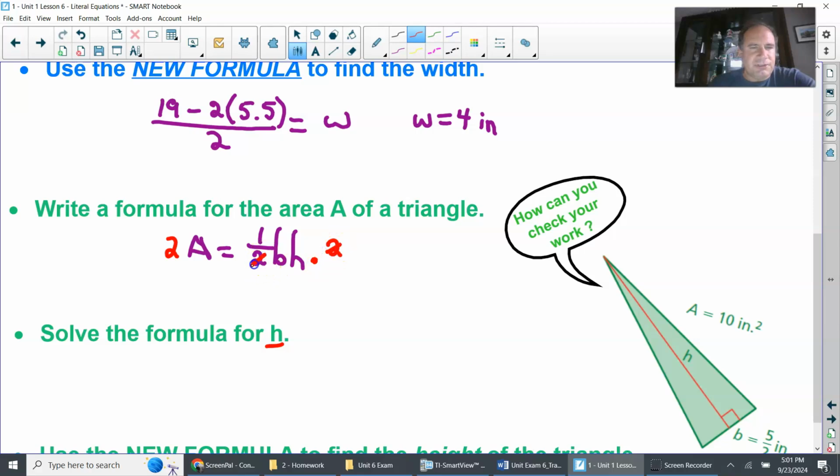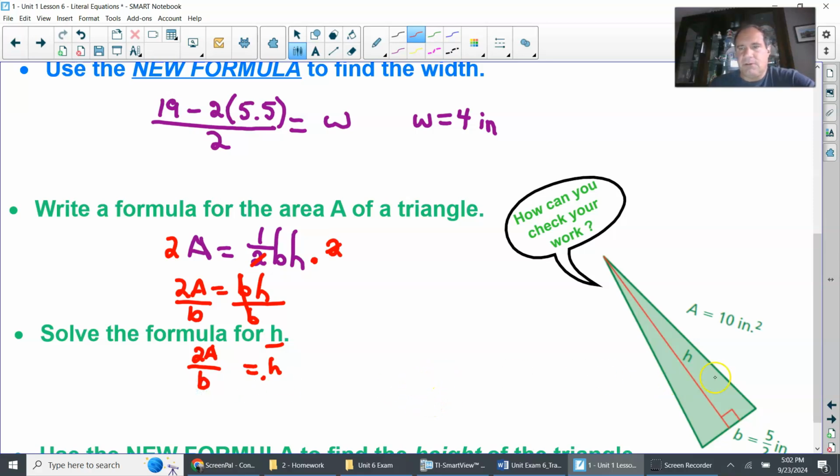This 2 cancels, this 2 cancels. So then you have 2a equals b times h. And the way you solve for h, you just divide by b. And so this cancels, and then you have h equals 2a over b.